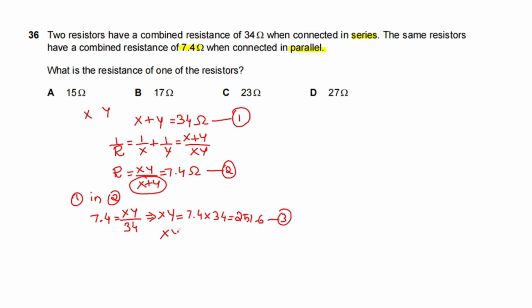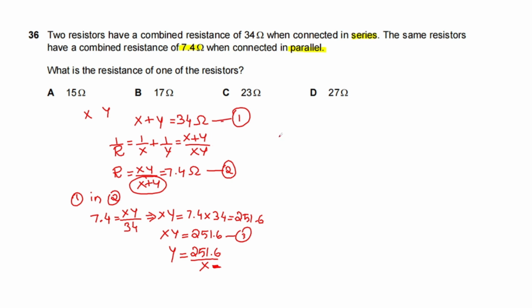So XY is equal to 251.6. Here, in order to find the value, just rearrange this formula to find Y, which is 251.6 divided by X. Now substitute this value in equation number 1.